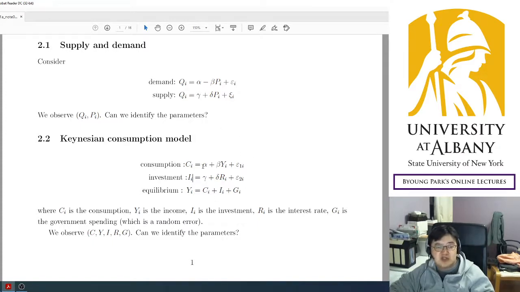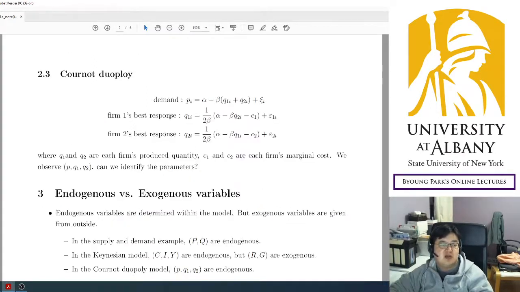Three equations determine consumption, income, and investment, if you assume that the interest rate and government spending are chosen by the government, not within these equations. And here, the Cournot duopoly equilibrium is a solution to these three equations. The solutions are P, Q1, Q2. Three equations determine three equilibrium variables. That is the basic idea of the simultaneous equations model.